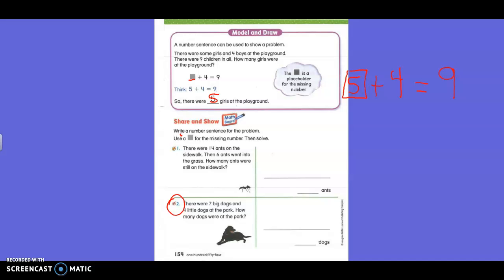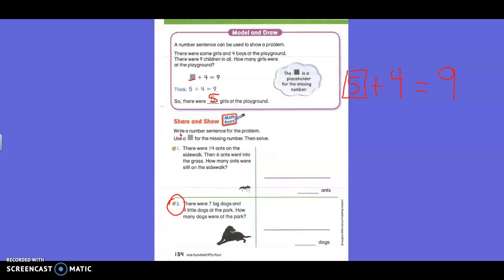Okay, so let's look at this. There were 14 ants on the sidewalk. Then 6 ants went into the grass. How many ants were still on the sidewalk? Okay, do we have a big number in here?